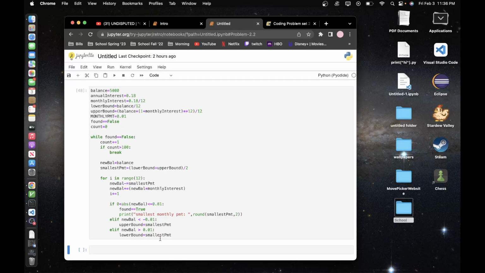I've added the counter to break the while loop after a certain amount of increments. I don't know if it's like this.